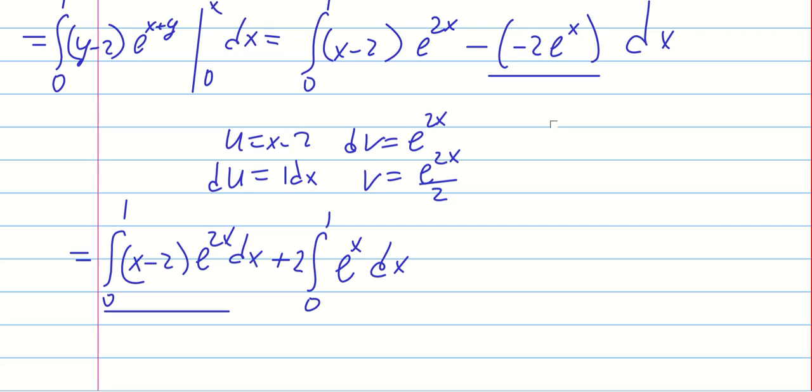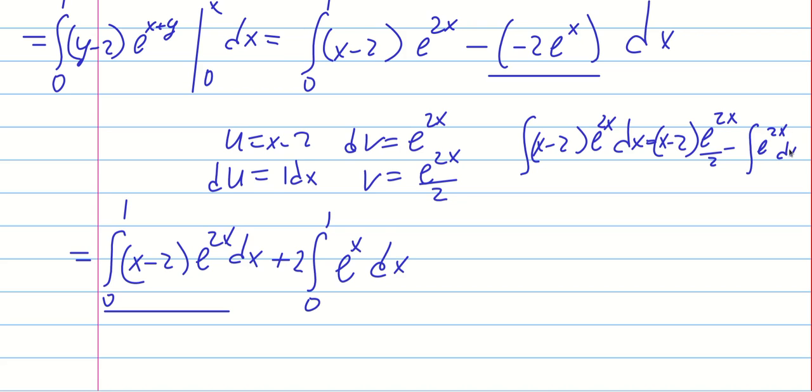So this integral becomes u times v, which is x minus 2 times e to the 2x over 2, minus the integral of v du, so e to the 2x over 2 dx, which is x minus 2 e to the 2x over 2 minus e to the 2x over 2, right?